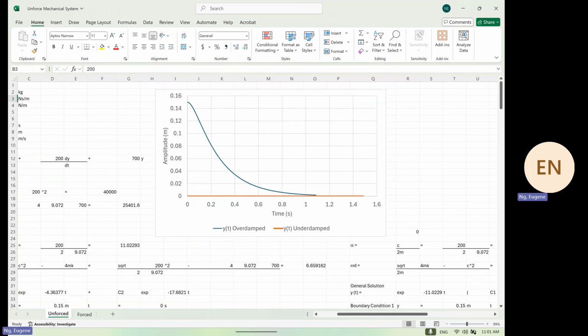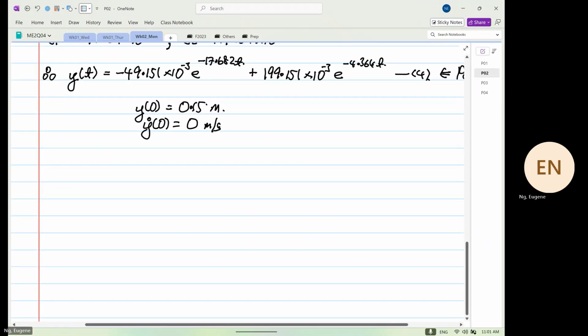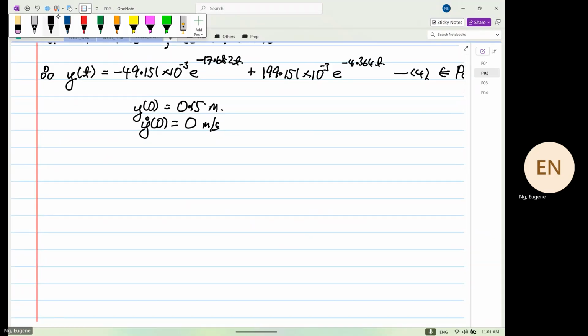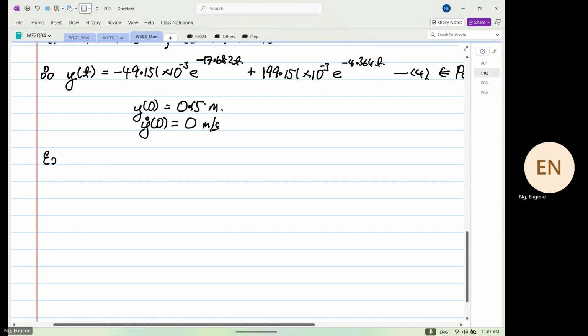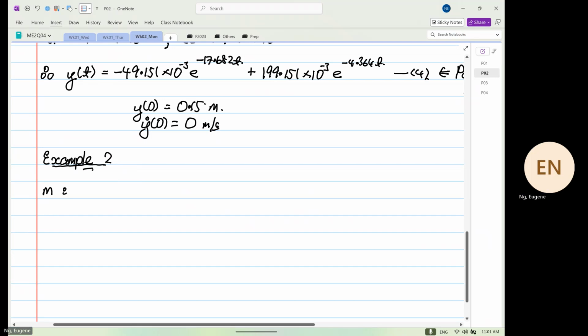Now, the next thing that we are going to do, we are going to change something. Okay. So for example, number 2, the mass is still the same, 9.072 kilogram.